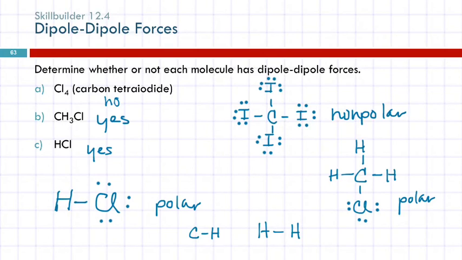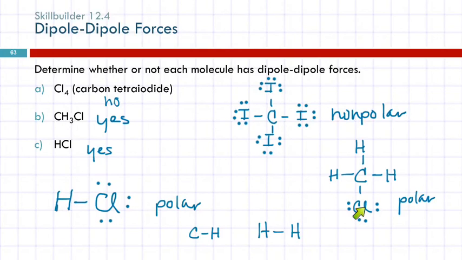Okay? Could you have a molecule like this where it's actually nonpolar because the electronegativity differences are small enough? Yeah, you could. But I am controlling what I give you, and so I'm not going to give you those. And just last thing, would you say CH3Cl is polar because chlorine's holding more electrons?